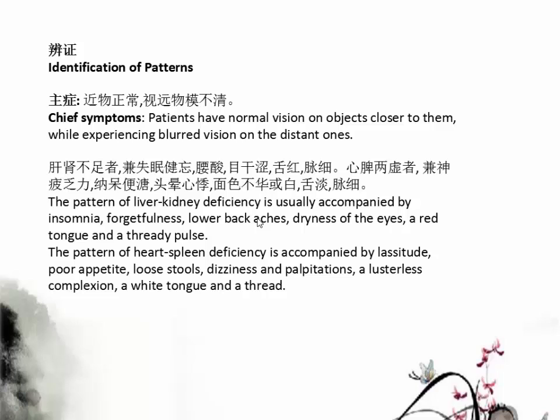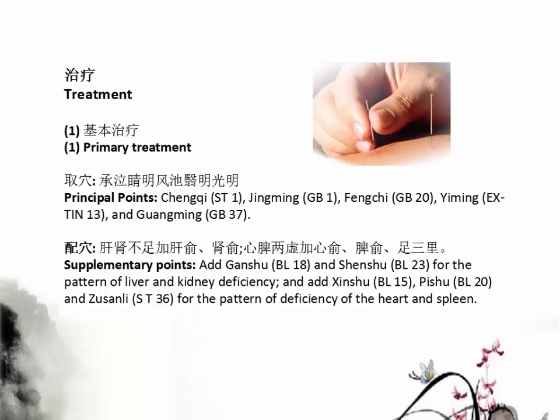A lusterless complexion, a pale and poor shen, indicates deficiency of qi and blood. With a white tongue coating, which is kind of normal actually, thready, that says thread, it should say thready pulse, indicates blood deficiency. Okay, could be blood or yin deficiency, here it's blood deficiency.